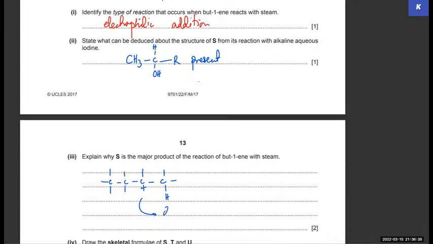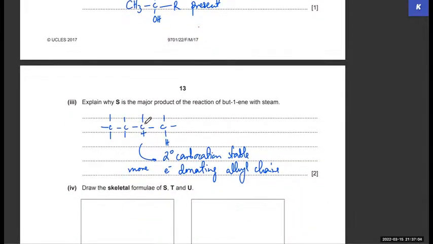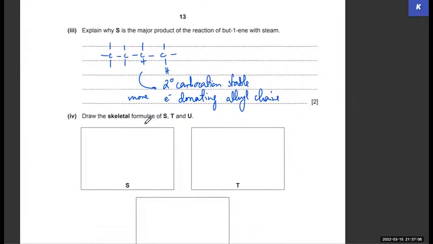So second degree carbocations are more stable. Why? Because they have more electron donating alkyl chains, which decrease the charge density of this positive carbocation. Is that clear?